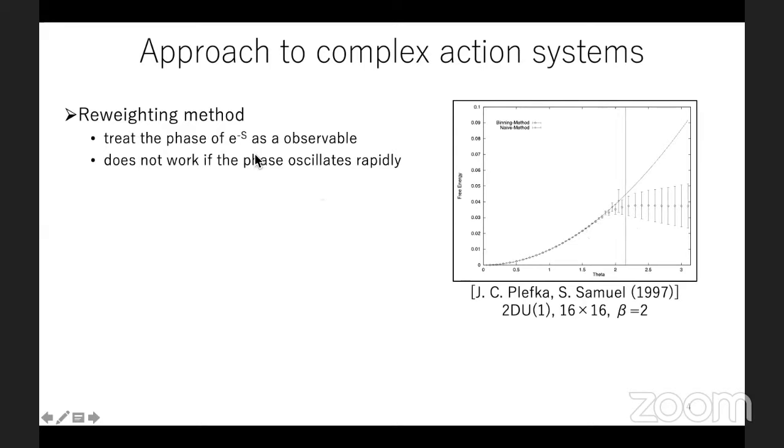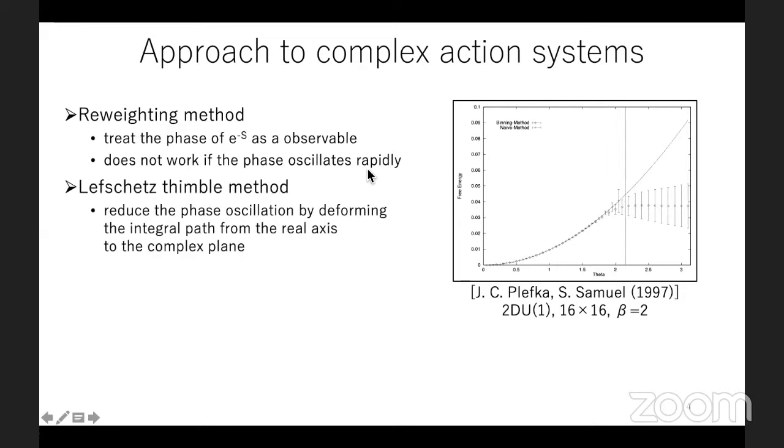Actually, we can use the reweighting method, but there is a limit to applying it. If we increase the system size, this problem becomes more serious. To avoid this phase oscillation, there is a technique called the Lefschetz thimble method.